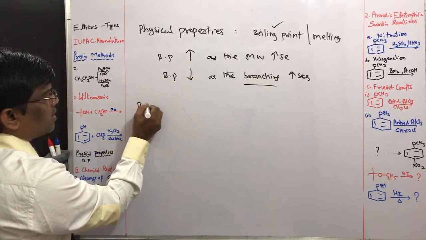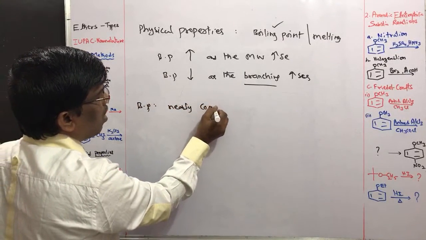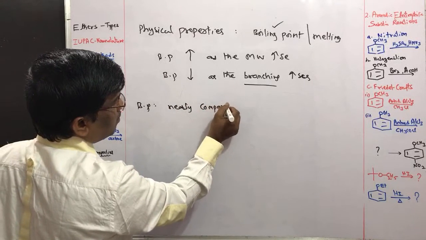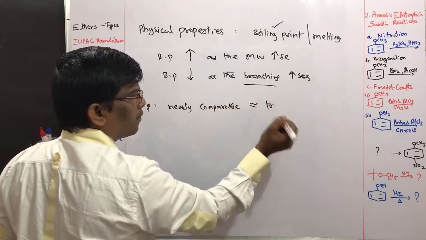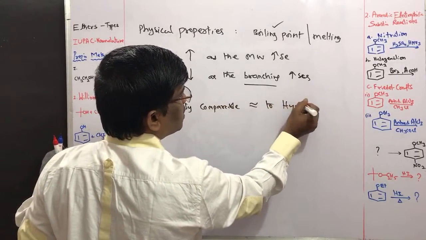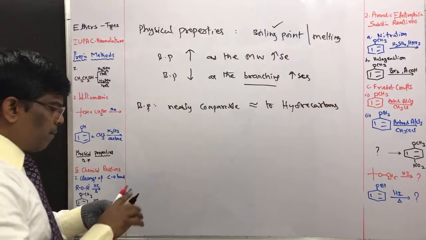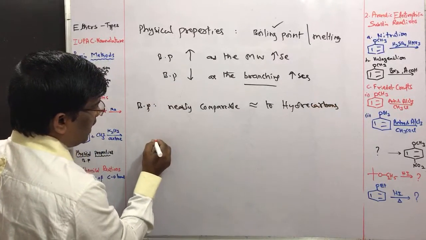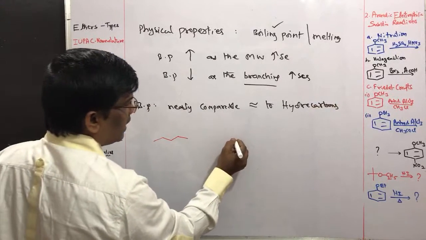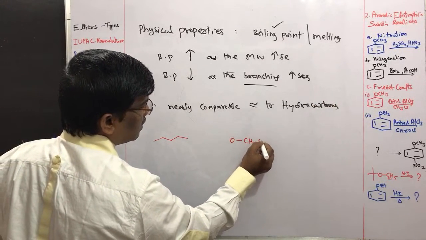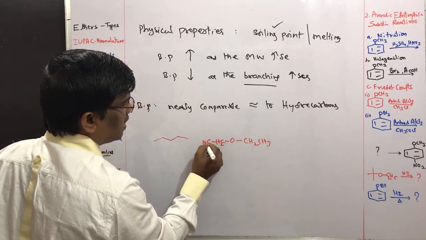These boiling points are nearly comparable or the same as hydrocarbons. For example, if I take pentane and diethyl ether, with similar molecular weight, they are very near to each other, whereas if I take N-butanol and compare pentane, diethyl ether and N-butanol, the boiling points of the alkane and diethyl ether are very near to each other.